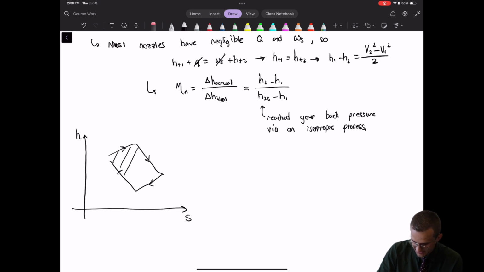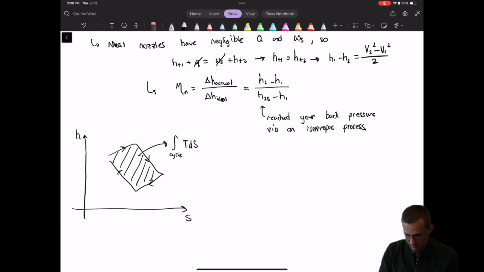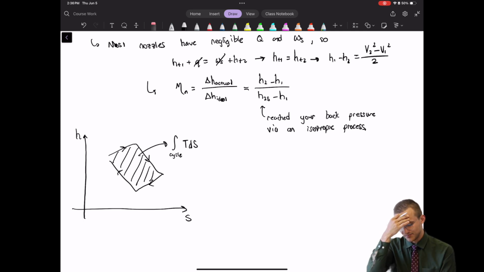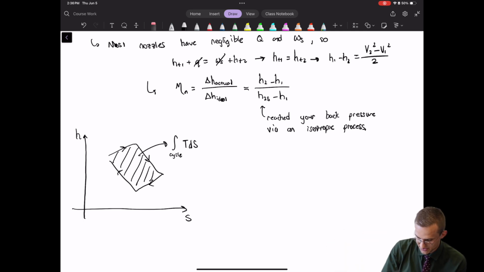How do you obtain the area enclosed there, right? What you would be doing is you would take the integral of the legs of the cycle of T ds. What's T ds? It's the heat. If we're talking about ideal cycles, this is just going to be your net heat transfer.